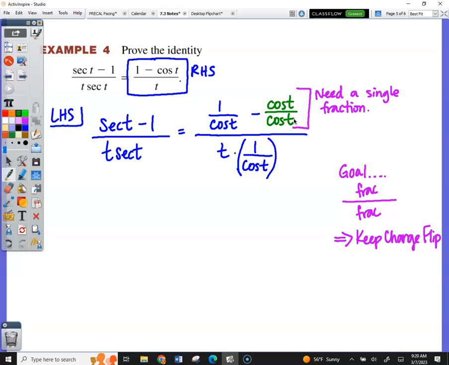Now I can take that top mess and write it as a cohesive single fraction. Remember, we are just subtracting, so don't change the bottom. Now you have to be careful here. I'm going to draw my really big fraction bar so I don't forget where I am. I'm going to write the top. I have 1 minus cosine t over cosine t.